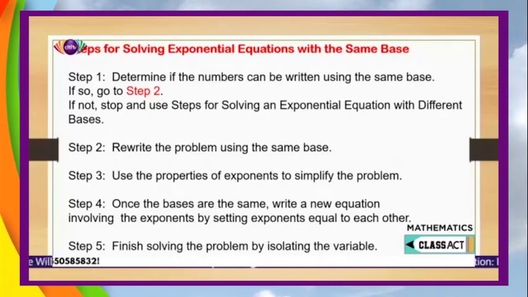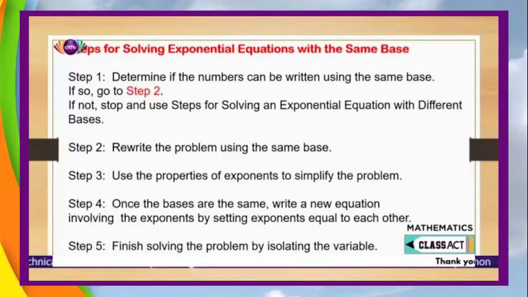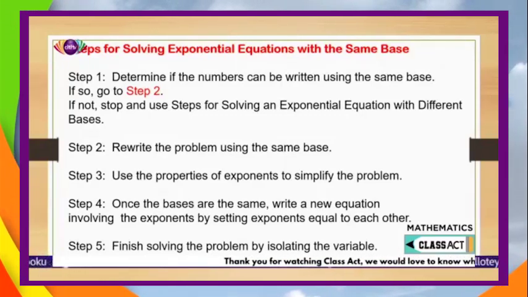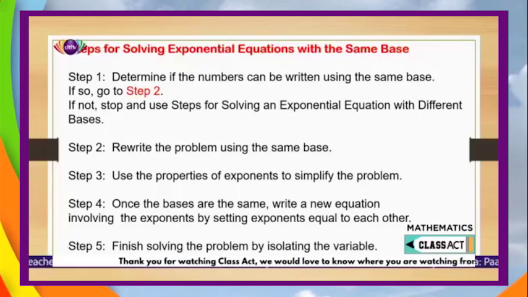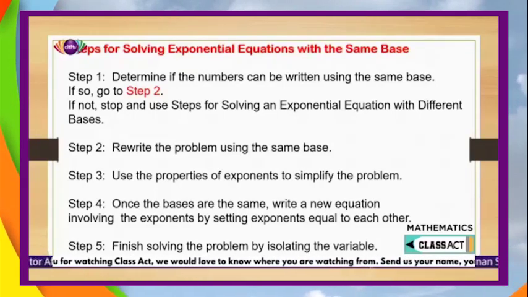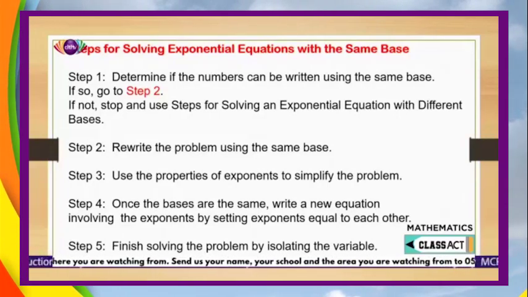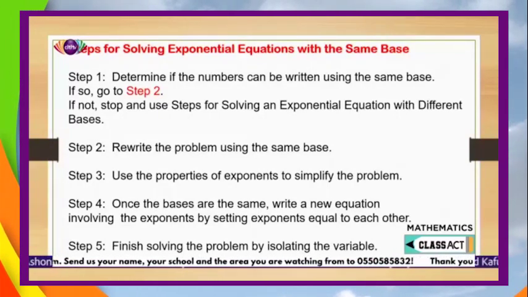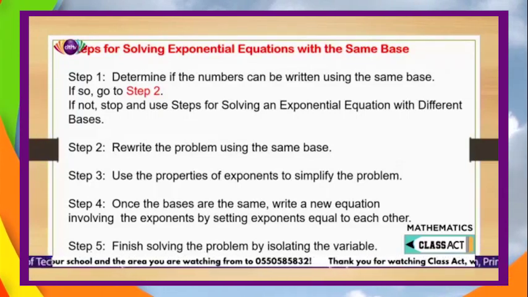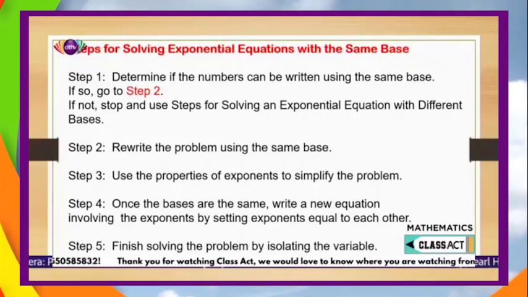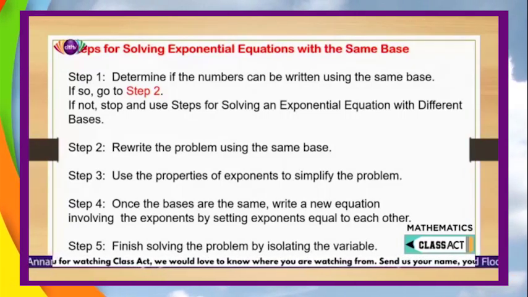If so, step 2: write the numbers using the same base. Then step 3: use the properties of exponents to simplify the problem, which we've talked about. Once the bases are the same, write a new equation. Remember when I said 2x equals 6, I was writing a new equation without the base.